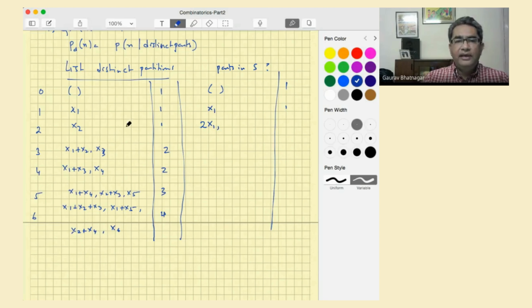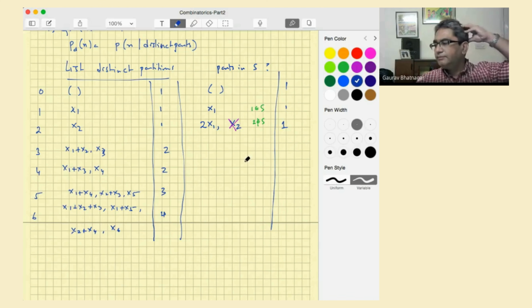That's already there. I mean, it already makes it one part. So x2 cannot be there. So x2 cannot be in our list. So x2 is not in S. So this is saying that 1 is in S. We're saying that 2 is not in S. You get the logic?